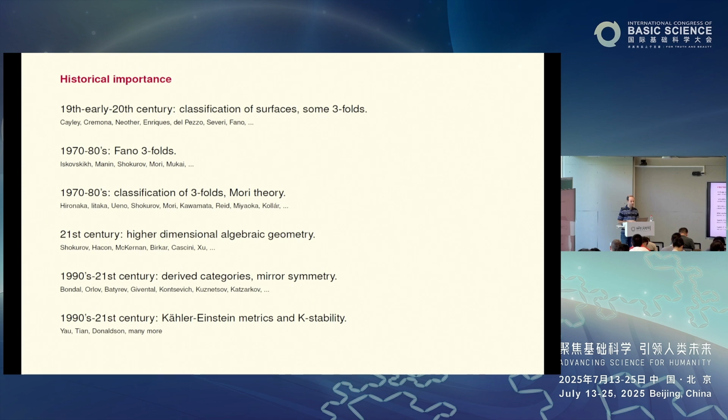But if we forget about the ancient times and go to the 19th century, that's where the real fun starts. Then we have the Italian school of algebraic geometry, which basically developed algebraic geometry in dimension 2. Of course, we also have algebraic geometry in dimension 1, but when we talk about Fano varieties in dimension 1, you have only one space, which is just the projective line. So in that sense, dimension 1 is not very exciting.